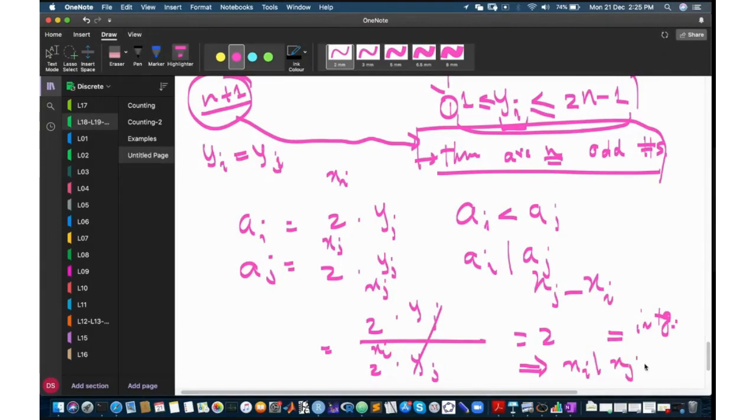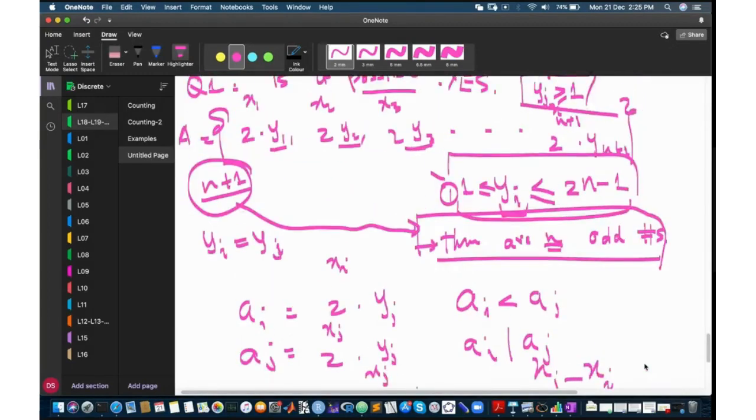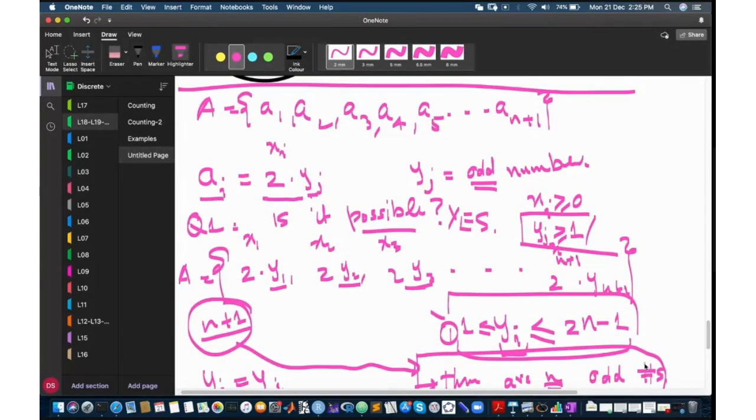Okay, so this proves that in इस range में अगर आप n plus 1 integers लेंगे तो one of them divides another. Okay, so देखो, the only tricky part was this, that you need to somehow figure out how to represent these numbers. Okay, if you know ये वाला step, तो उससे आगे you apply the pigeonhole principle and then you are done.